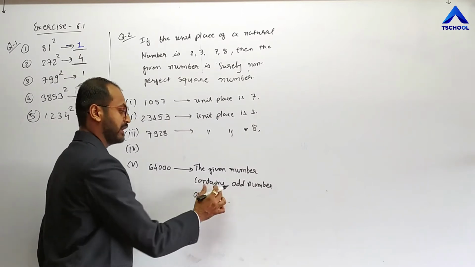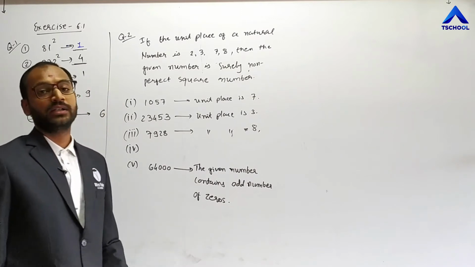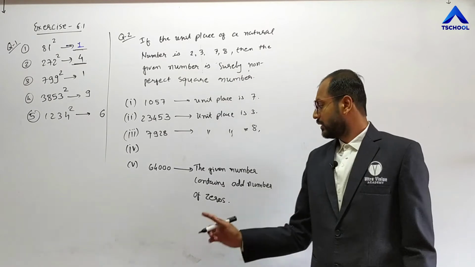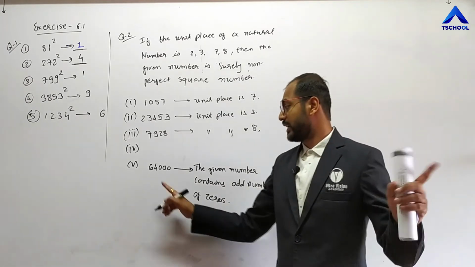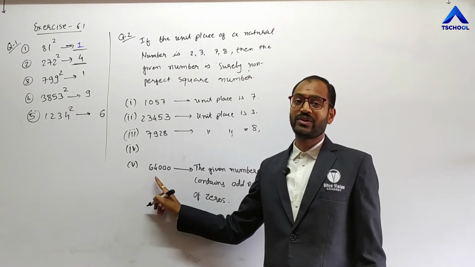Here the given number contains an odd number of zeros. When the number of zeros is even, then we can check the rest of the digits or non-zero digits.